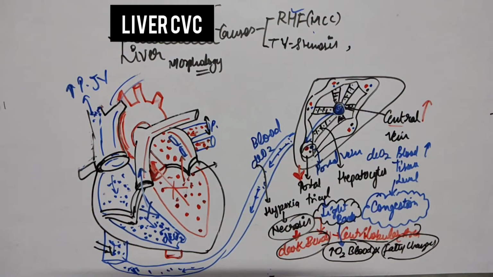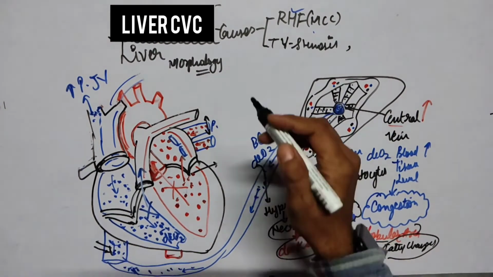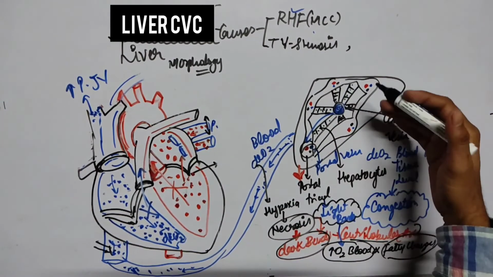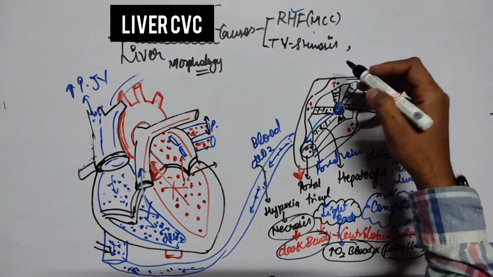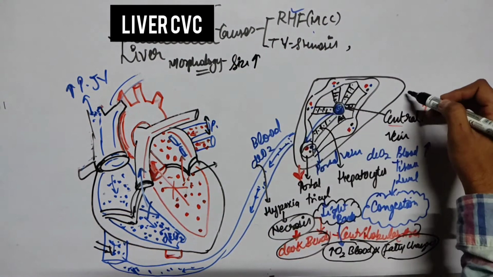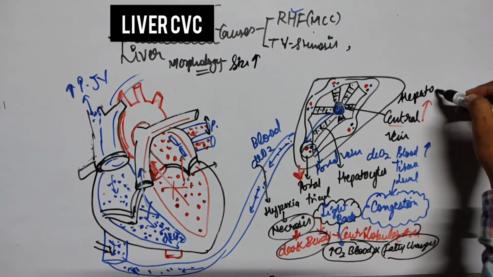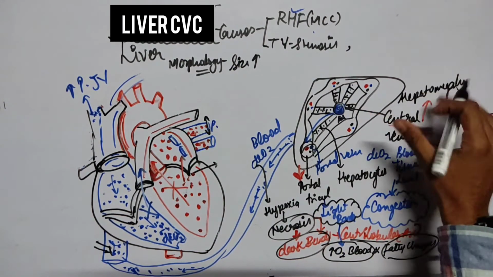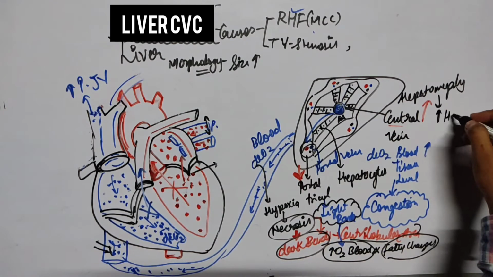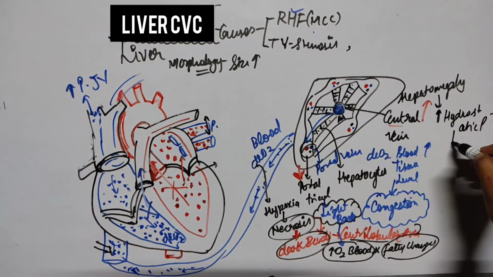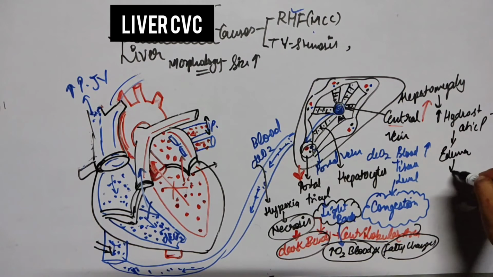So now we are going to see its gross morphology. Obviously, if there is congestion of blood, there will be hepatomegaly. The size of the liver will increase, because edema can occur there because of the increase in hydrostatic pressure, which will cause the hepatomegaly.